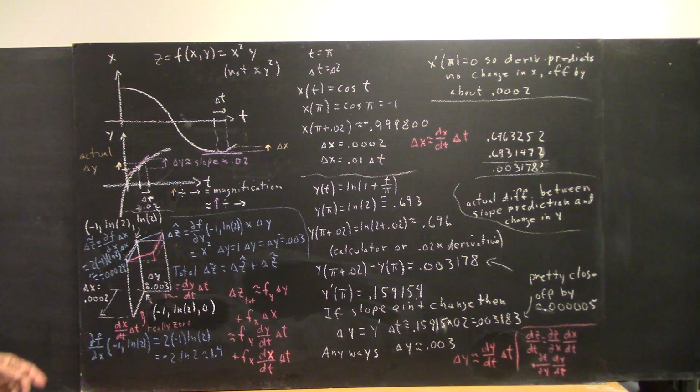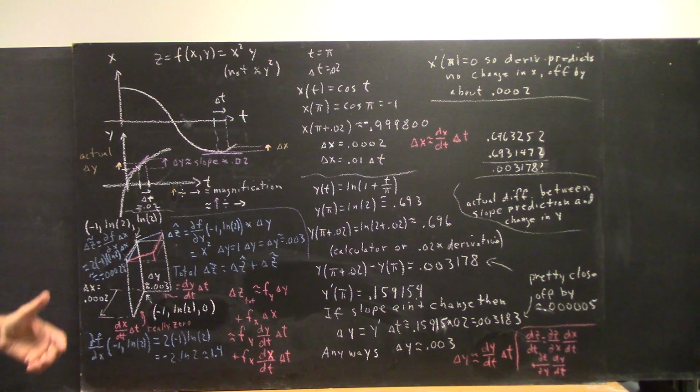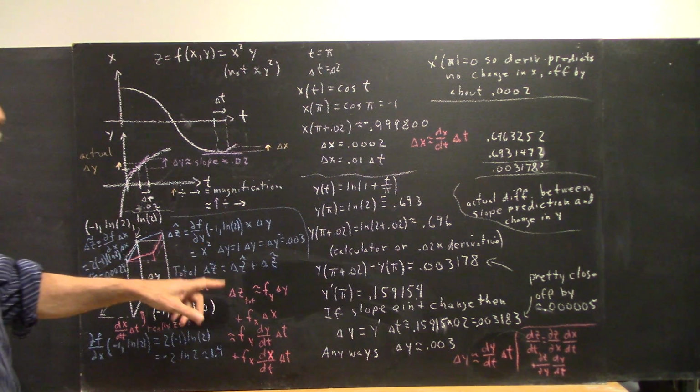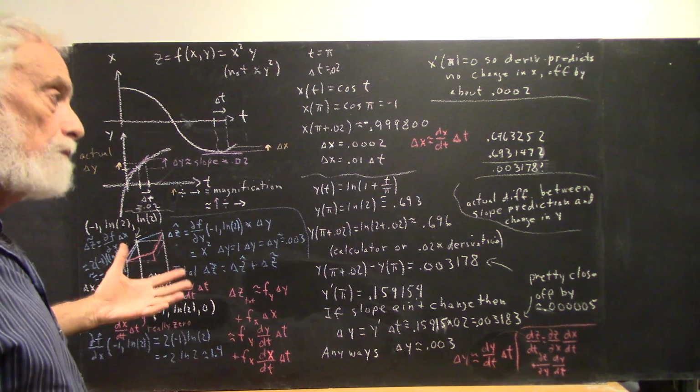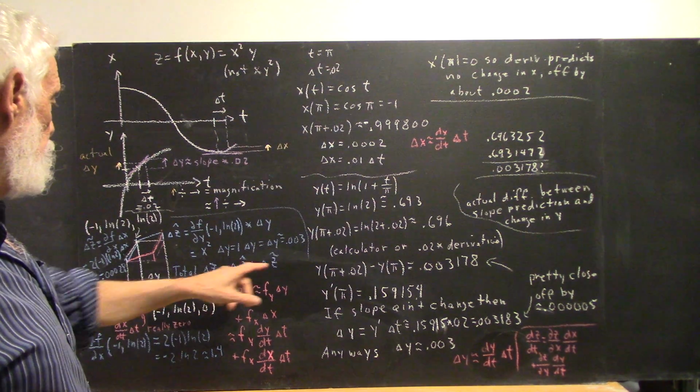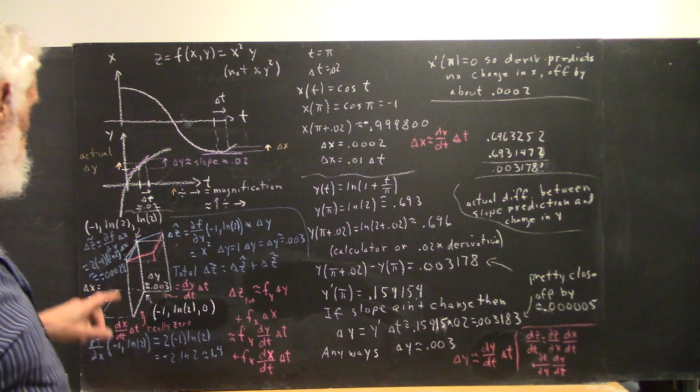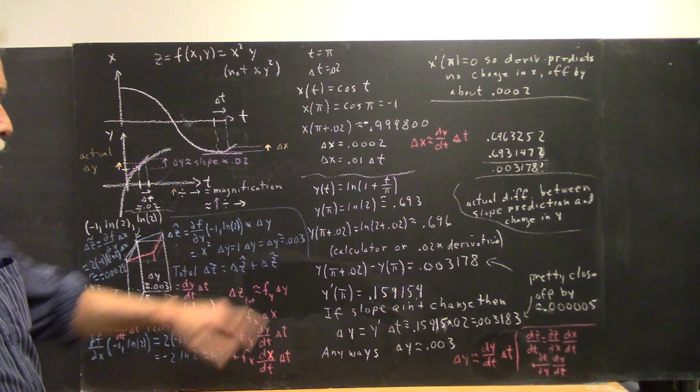So, we add these two changes together to get the net change in the value of the function. 0.0028 is much smaller than 0.003.